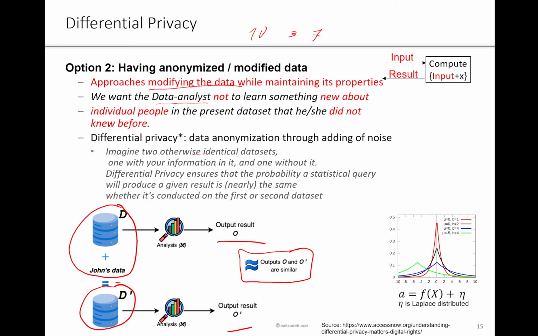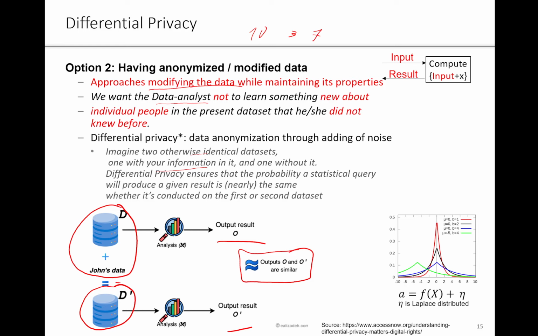Imagine two otherwise identical data sets, one with the information in it, one without it. Differential privacy ensures that the probability a statistical query will produce a given result is nearly the same whether it's conducted on the first or second database. So you should not be able to learn from your queries whether someone's specific data is inside or not.